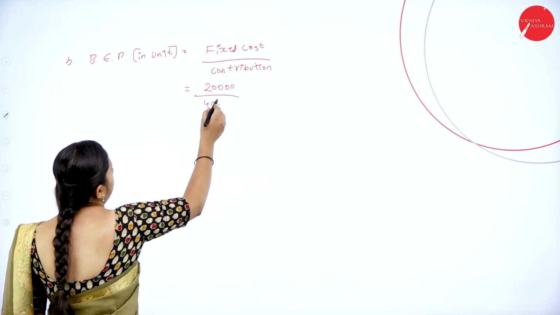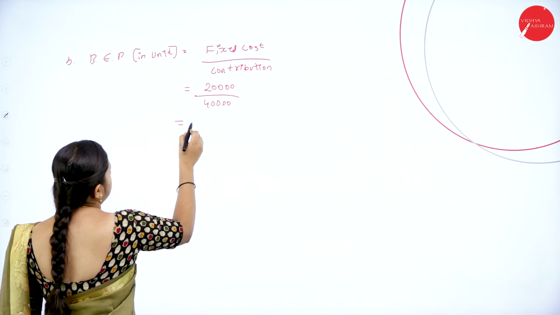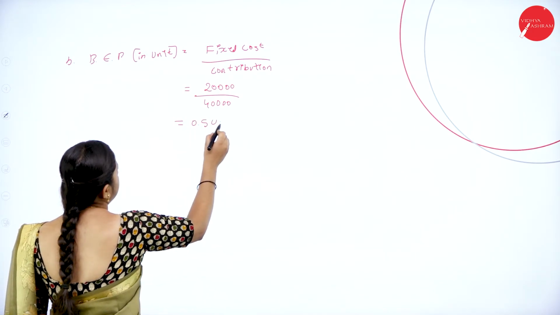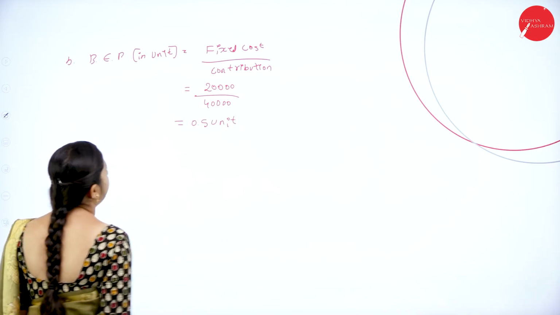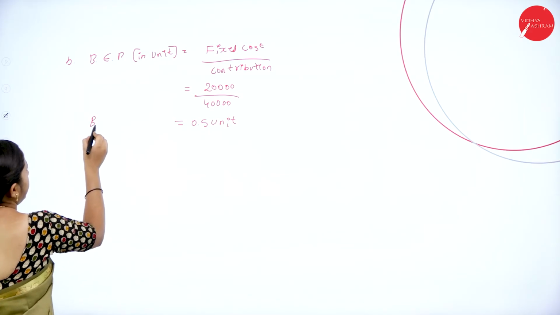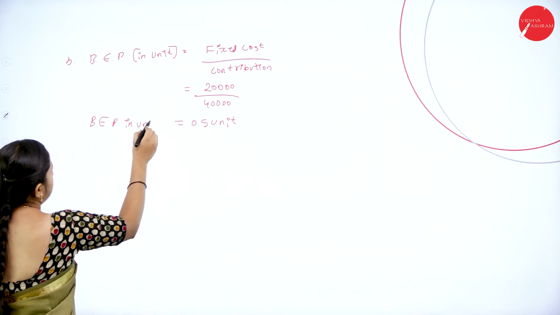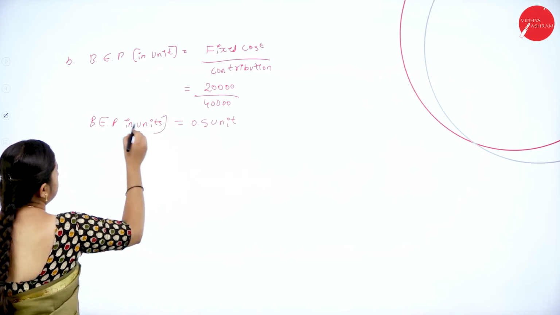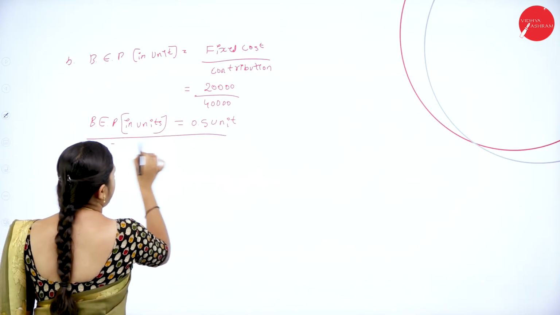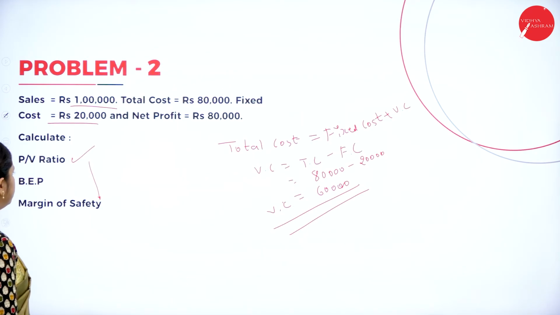Contribution is 40,000. So BEP in unit is 0.5 unit. Right? BEP in units. So BEP is over. Next, margin of safety.